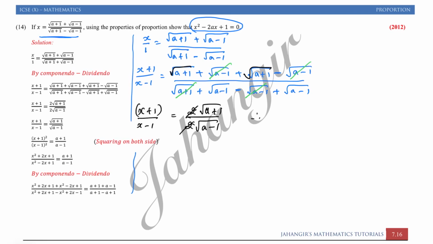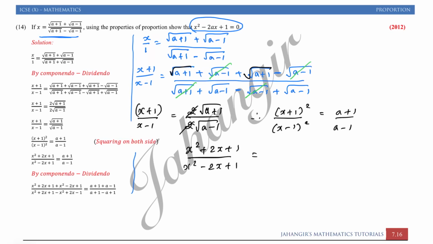So therefore I can square on both sides. I will get x plus 1 whole square upon x minus 1 whole square is equal to a plus 1 upon a minus 1. So writing square identities, x square plus 2x plus 1 upon x square minus 2x plus 1 is equal to a plus 1 upon a minus 1.